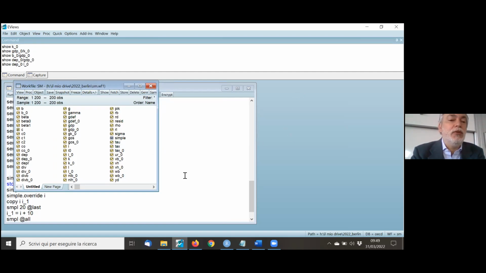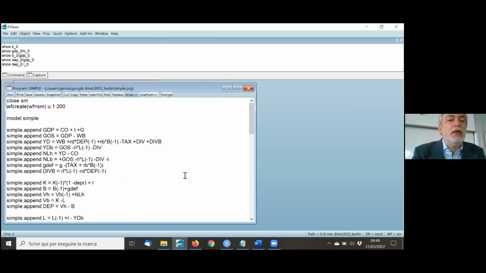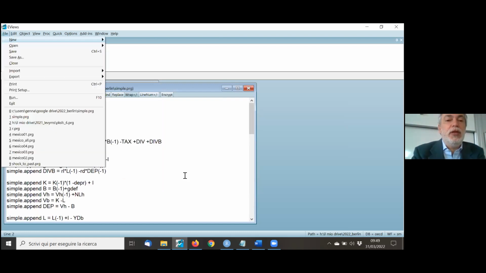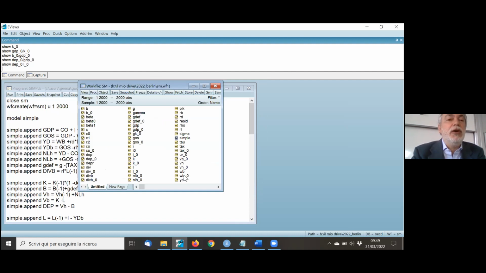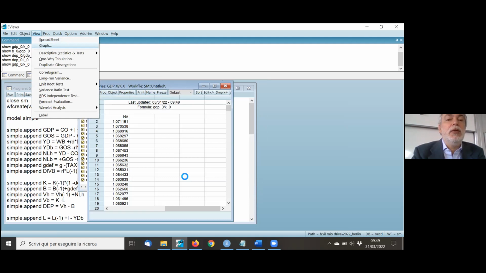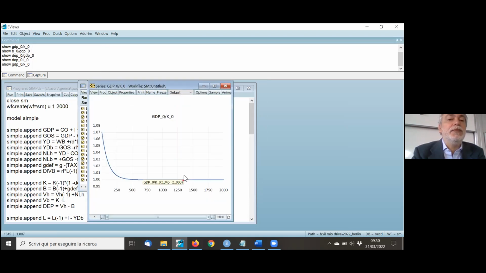It has not reached the steady state yet, but maybe if we run the model long enough, let's see what happens. Yes.